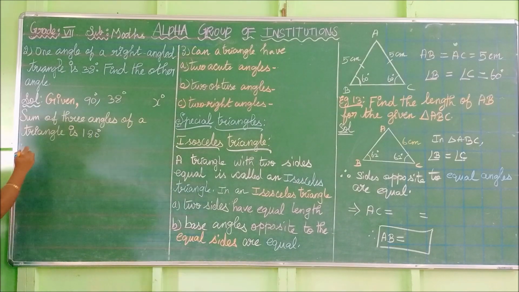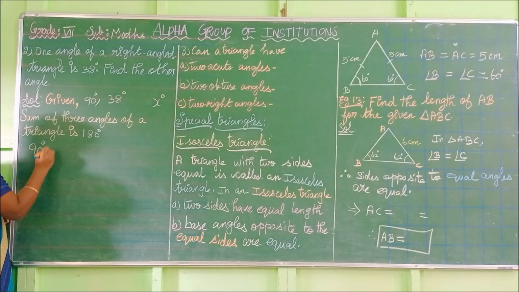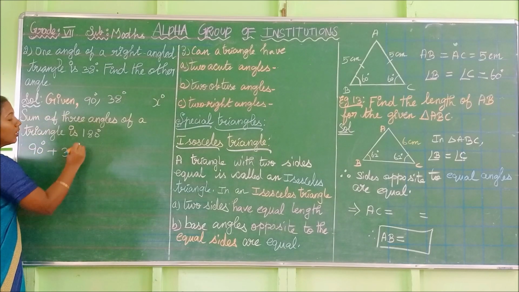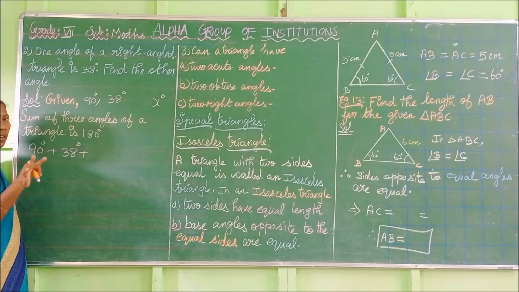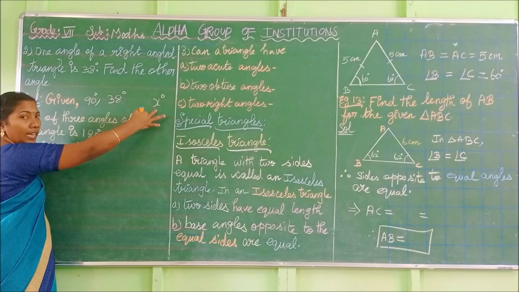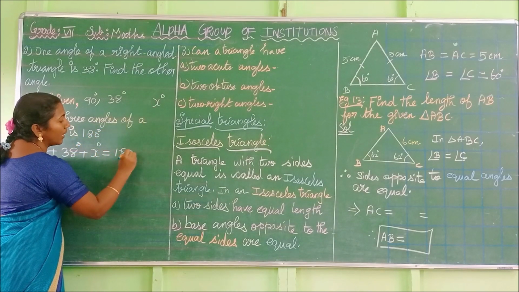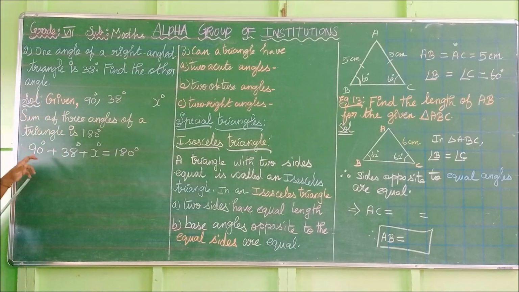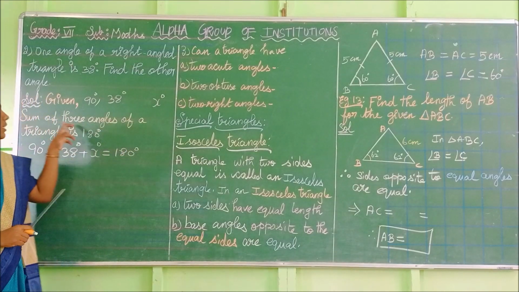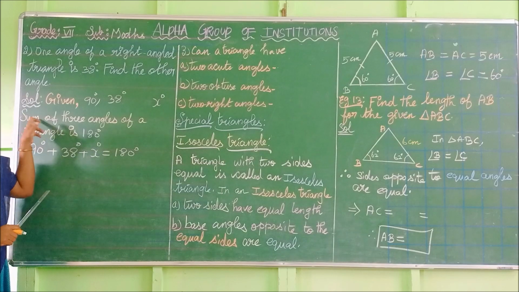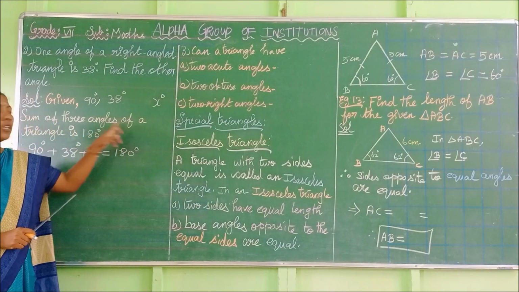So what are the given angles? 90 degrees plus 38 degrees. We have to find the third angle. Let the third angle be x degrees. So 90 plus 38 plus x degrees equals 180 degrees. So this is the relation we have found by using the property of a triangle: sum of the 3 angles of a triangle is 180 degrees.